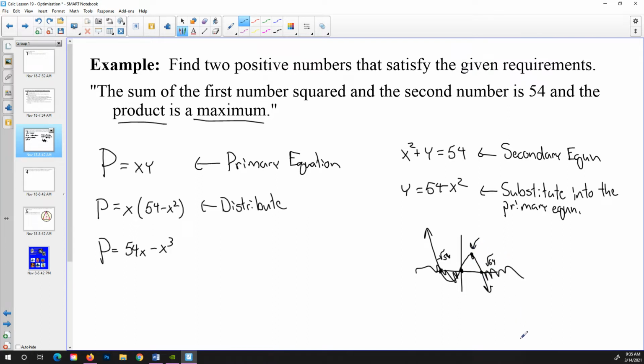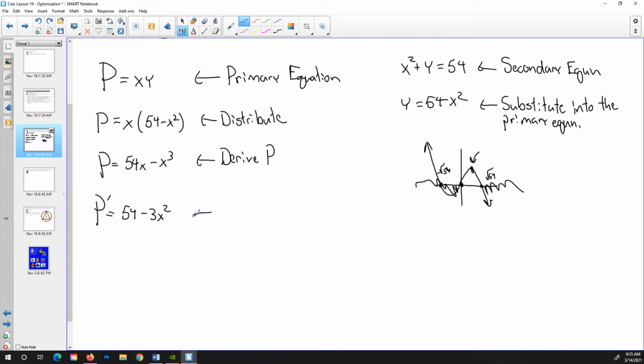And the way that we're going to do that is we're going to take the first derivative of p. And so I'll get p prime is equal to 54 minus 3x squared. And so we're going to set this thing equal to 0.